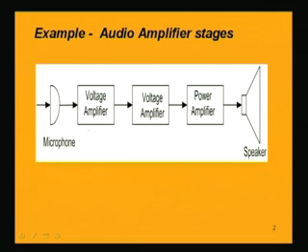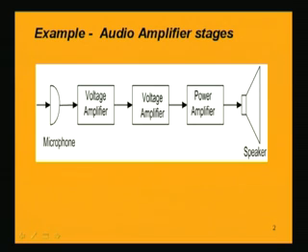That means the voltage of this signal is amplified by the voltage amplifier. This is a small signal amplifier because the microphone produces a voltage of the order of millivolts only. So that has to be amplified first to have a higher magnitude of voltage.